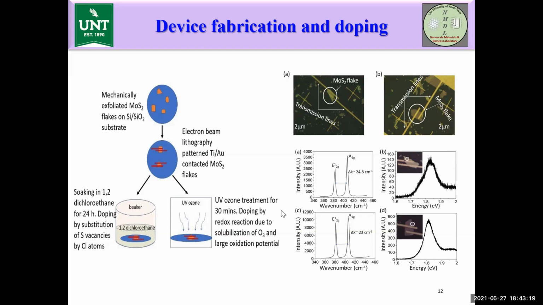And what you see over here are also the optical images and the Raman and PL spectra of the samples before 1,2-dichloroethane doping and before UV ozone doping. What you see is that for both of them, the difference in the delta K value from the Raman spectra is between 18 and 26, which implies that the devices we fabricated were few-layer MoS2.